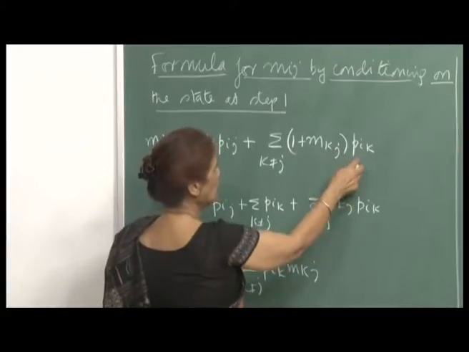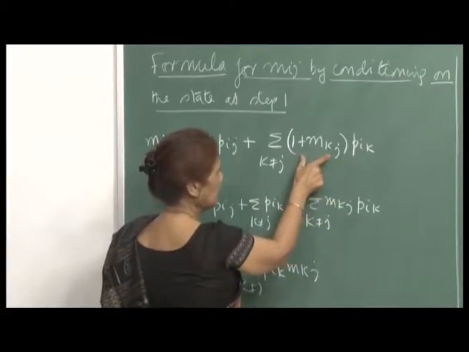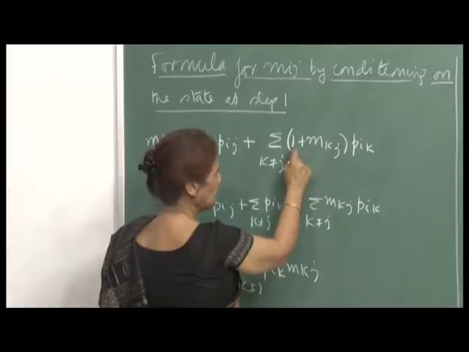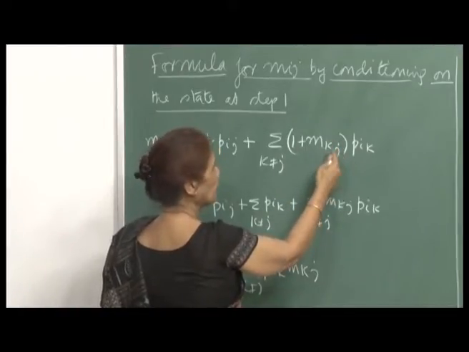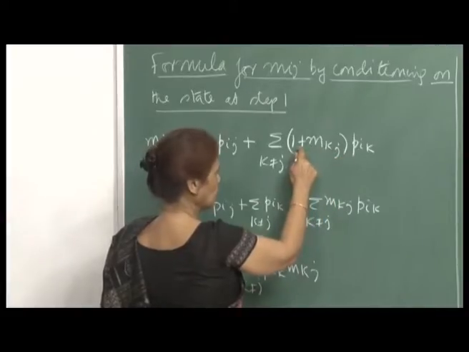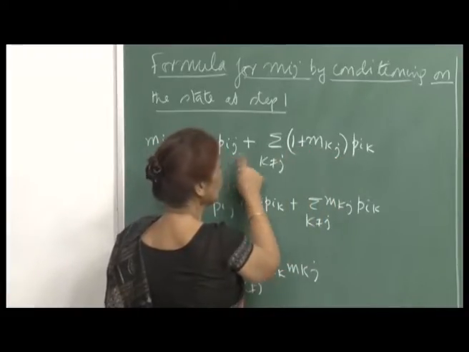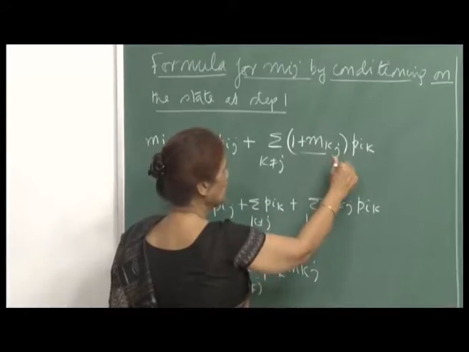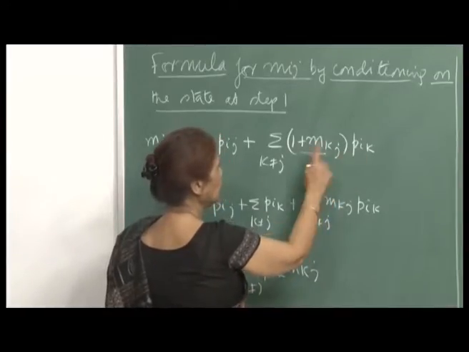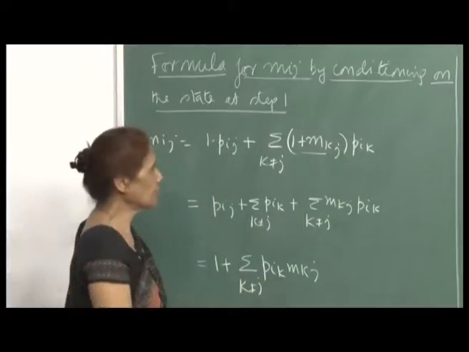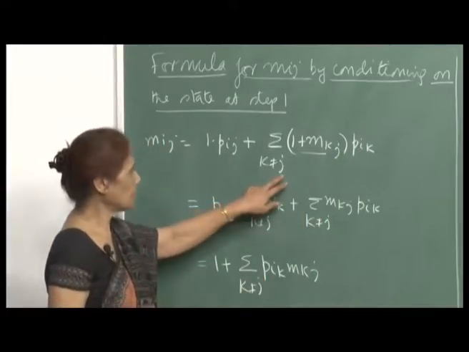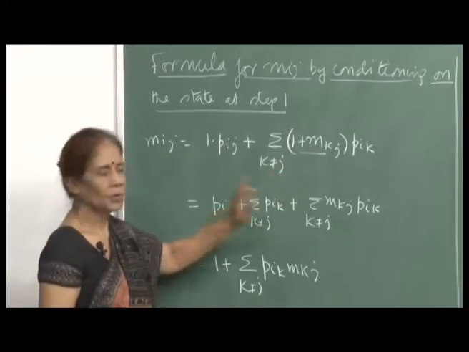Then the passage time becomes 1 plus mkj, because mkj is the mean time of going from k to j, and 1 is added because one transition has already taken place. So the mean time is 1 plus mkj, into the probability of transitioning from i to k, where k is not equal to j. So, this should be clear.